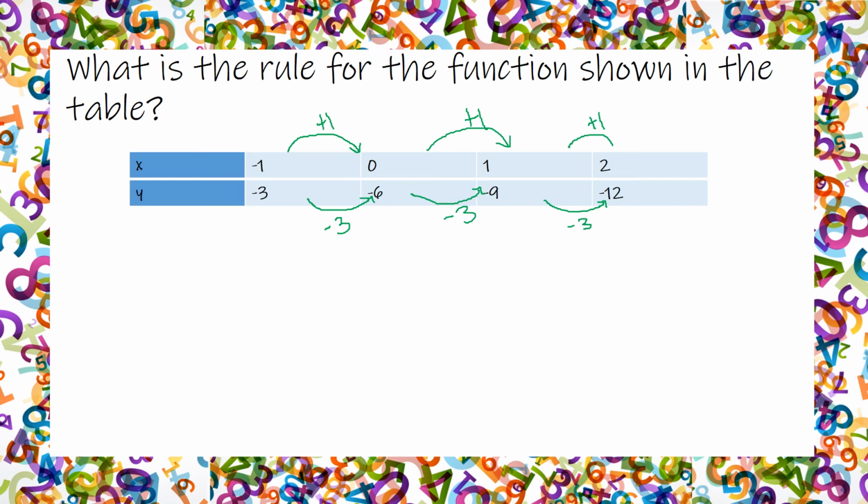So I know that my slope, or my change, y over x, is negative 3 over 1. And then we have our y-intercept here that is minus 6. So you could write it y equals the slope, negative 3x, and then our y-intercept. You could also see it written as f of x equals negative 3x minus 6.